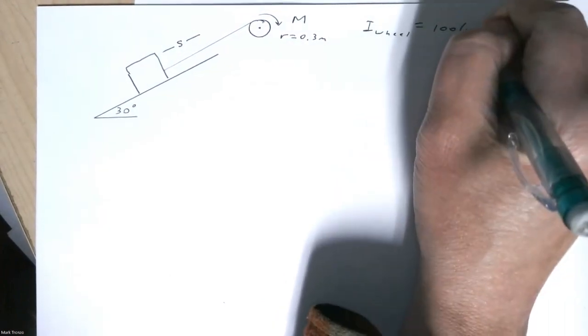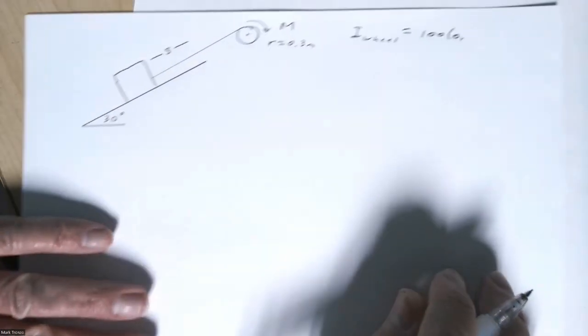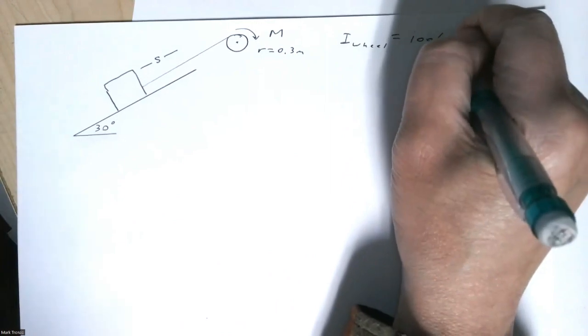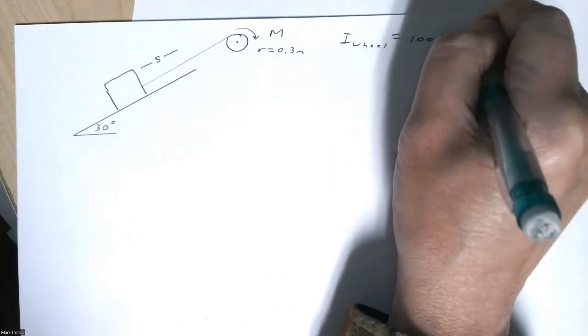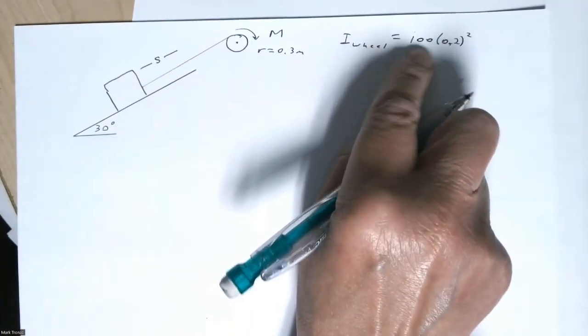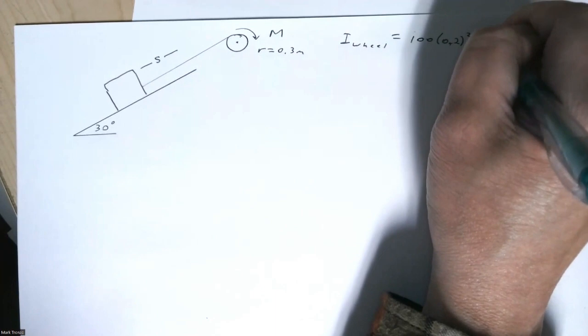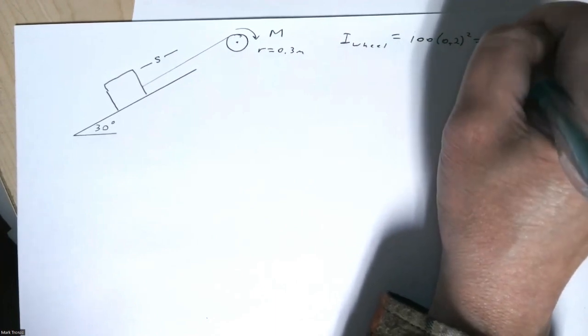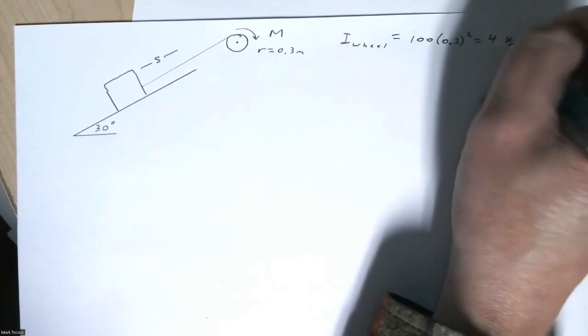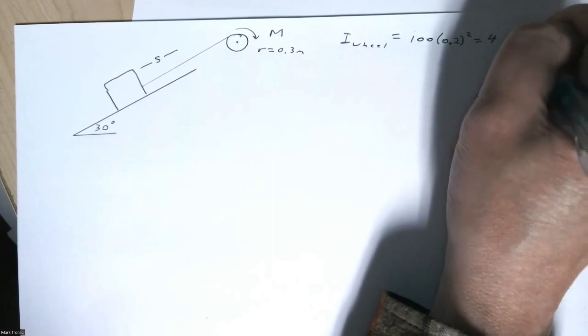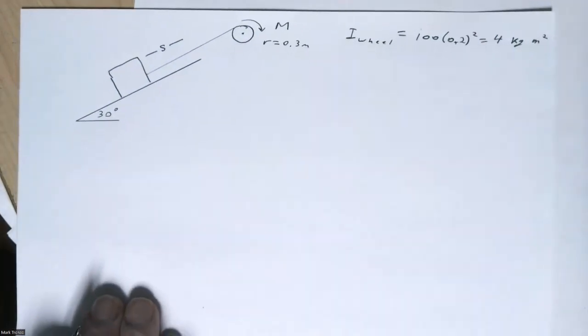Remember, if we're given the radius of gyration, which we are in this case, then we just use mass times the radius of gyration squared, which is going to be 4 kilogram meters squared.